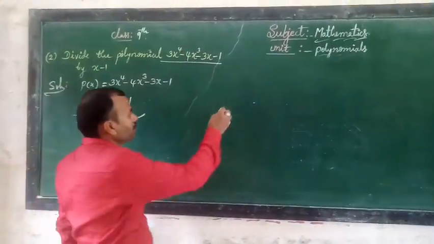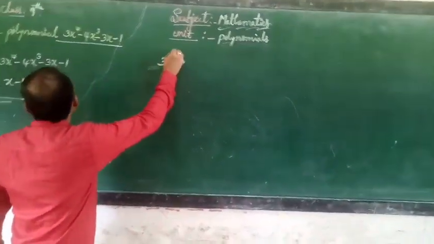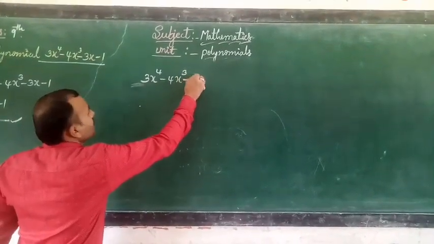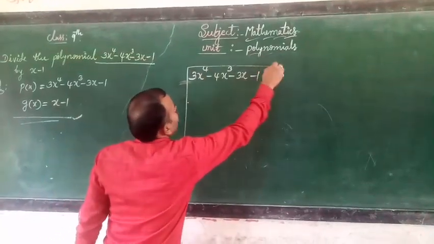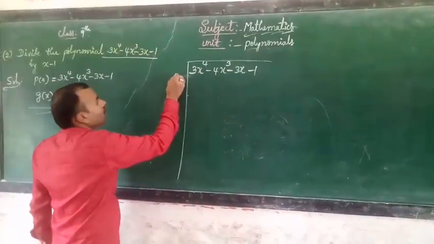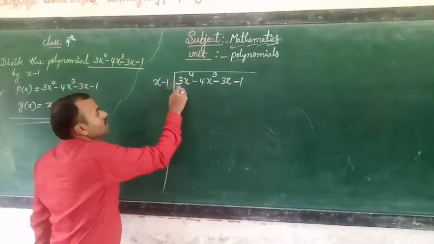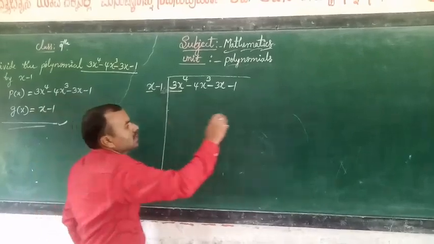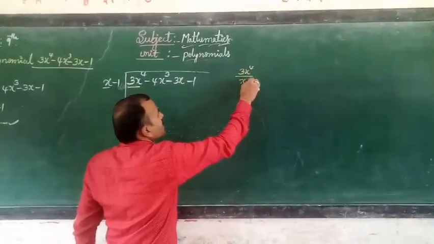Now 3x to the power of 4 minus 4x cube minus 3x minus 1 is divisible by x minus 1. In the same method, the first term of the dividend is divisible by x, here 3x to the power of 4 by x.